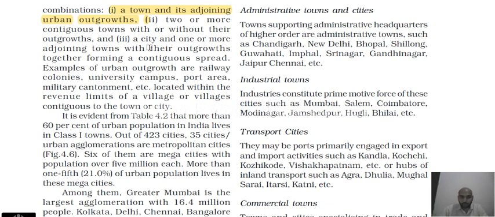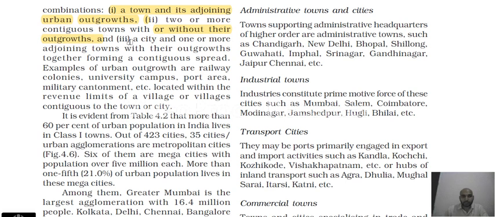If a town has a large population and also has an adjoining urban outgrowth, then that place can be called an urban agglomeration. Then, two or more contiguous towns with or without their outgrowth; if two towns are there, then also that can be counted as an urban agglomeration.